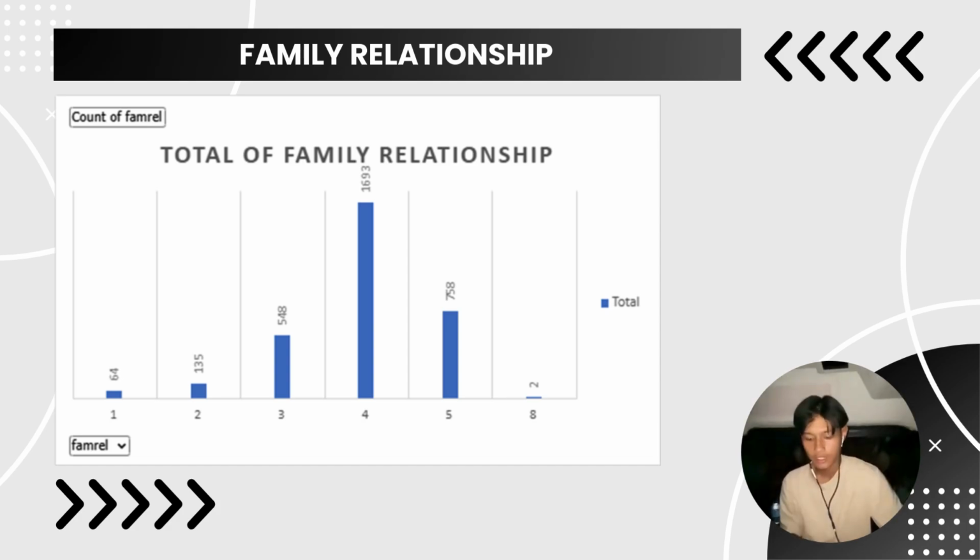The regular one is 548. For the high one, we got 1,693, and the highest one we got 758 students that have a very strong relationship with their family. So let's move to the next.